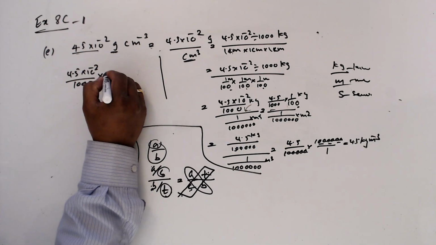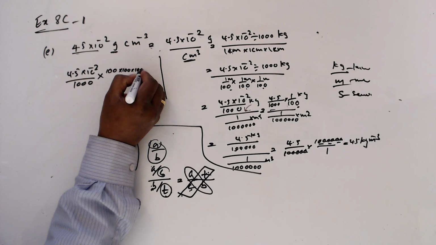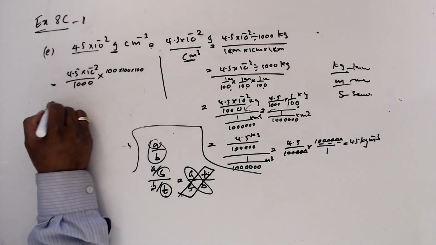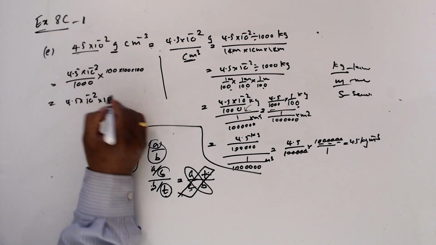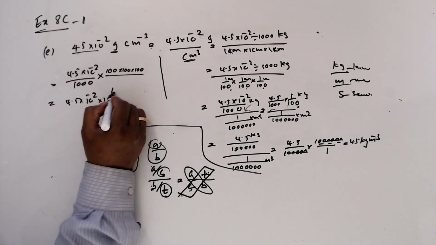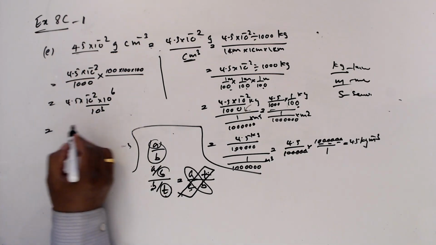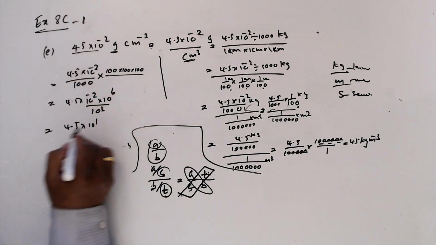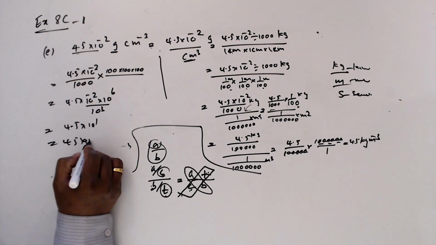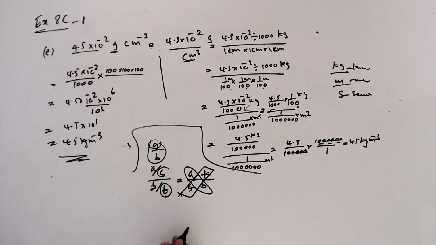So that is going up. 4.5 times 10 minus 2, this is 10 to the power 6 over 10 to the power 3. This is going to be 4.5 times 10 to the power 1, 45 kg, minus 3.